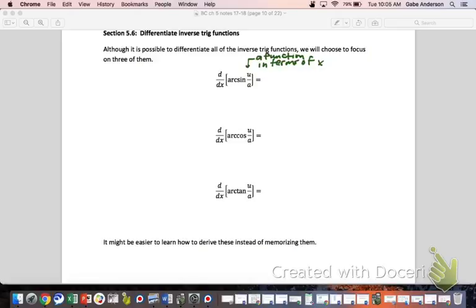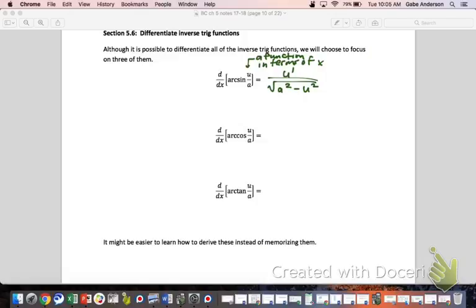Okay, fair enough. The derivative of arc sine of u over a is equal to u prime over the square root of a squared minus u squared. This more or less comes from trigonometry and the Pythagorean theorem. Perhaps you can see the Pythagorean theorem in the denominator there, parts of it anyway. We'll get to that in a little bit.